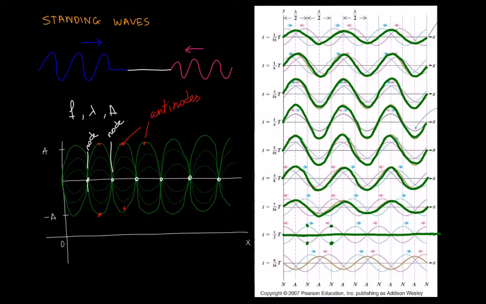The nodes are spaced half a wavelength away from each other. So if this is half a lambda, this would be lambda, this would be 3/2 lambda. And similarly, you can see that antinodes are also half a wavelength away from each other. So this one is also 1/2 lambda.